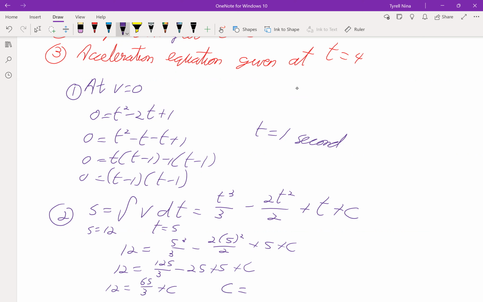So c is 12 minus 65 over 3. That is 36 minus 65 over 3, so c is minus 29 over 3. So s is t cubed over 3 minus t squared plus t minus 29 over 3.